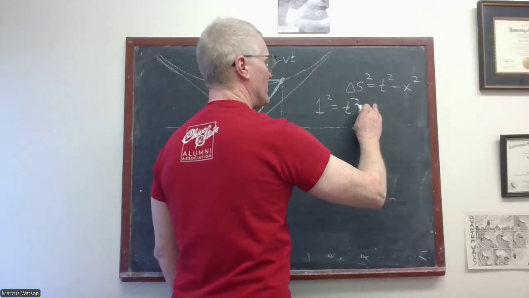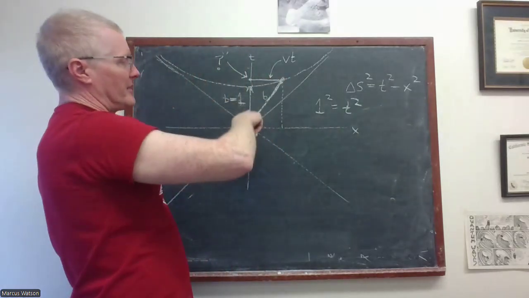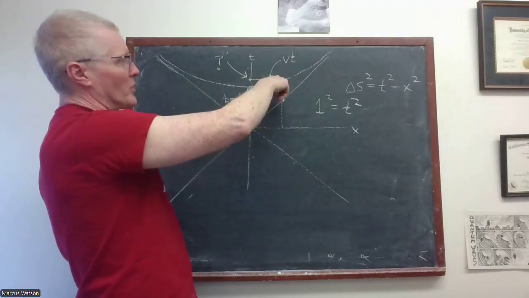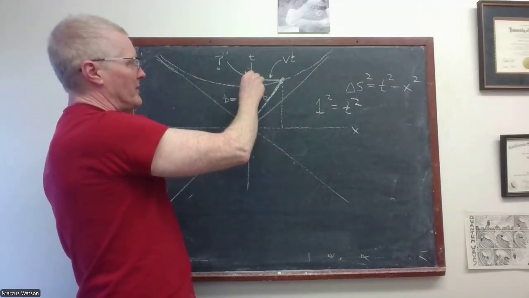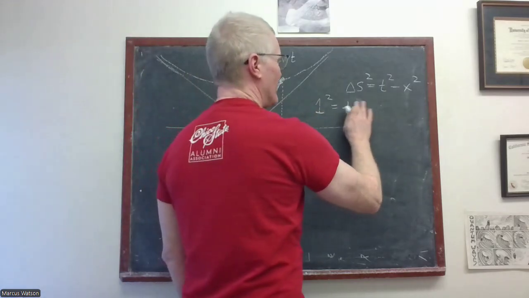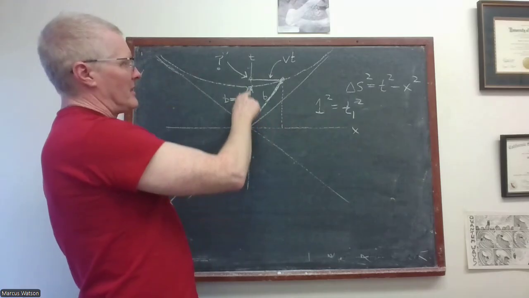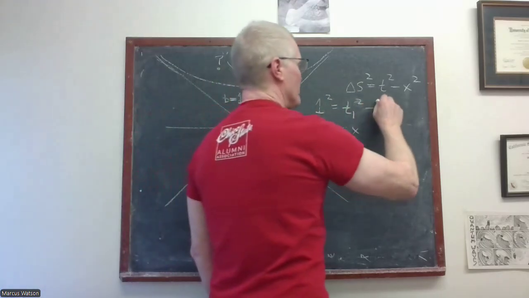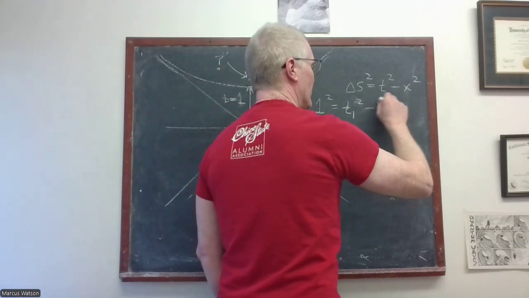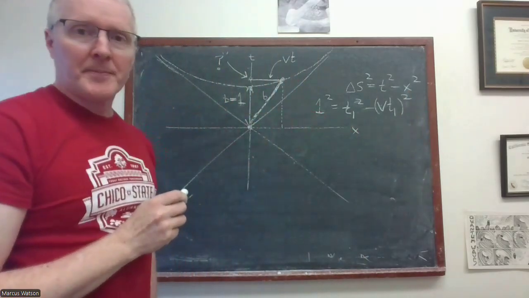So this is going to now be in the frame of the stationary person. What are the coordinates of that point? Well, that point is up here, so we don't know what that time is. Let's call it like t1 squared minus v times t1, and that whole thing is also squared. That's the distance that they traveled.